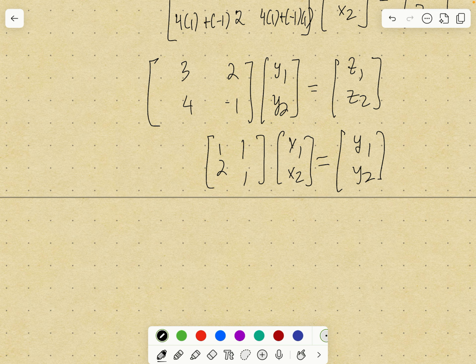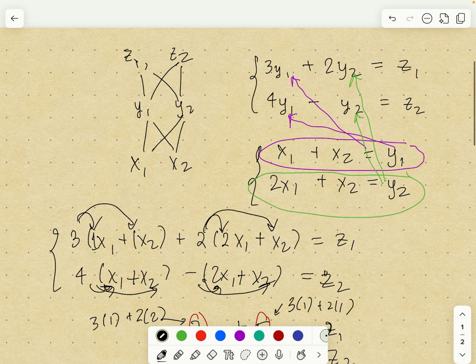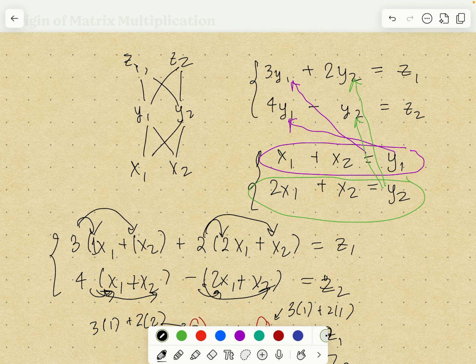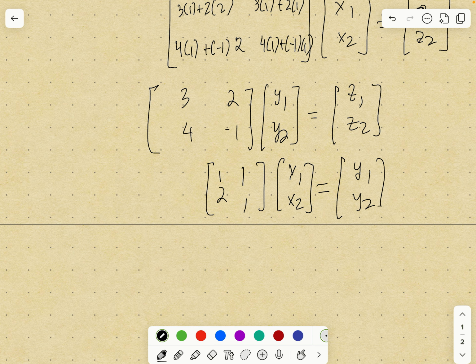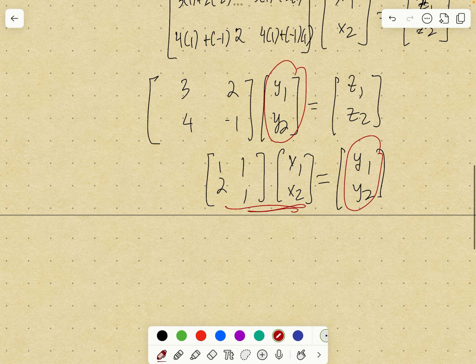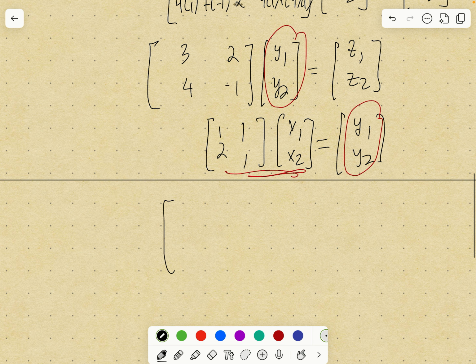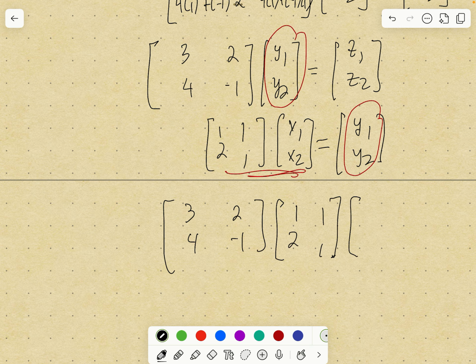So substituting, what we did with the first two equations and the last two equations is basically the same as replacing the y1, y2 here by this. Then you end up getting this.